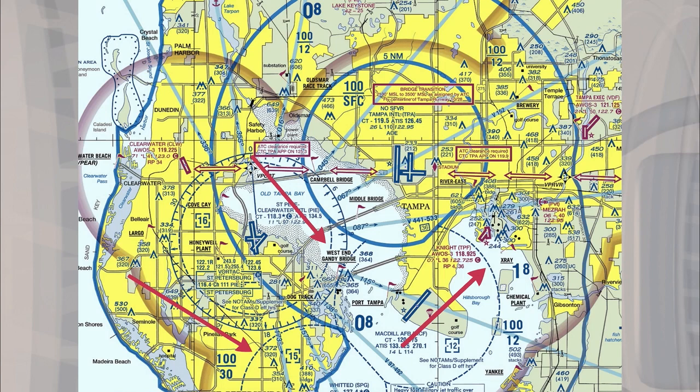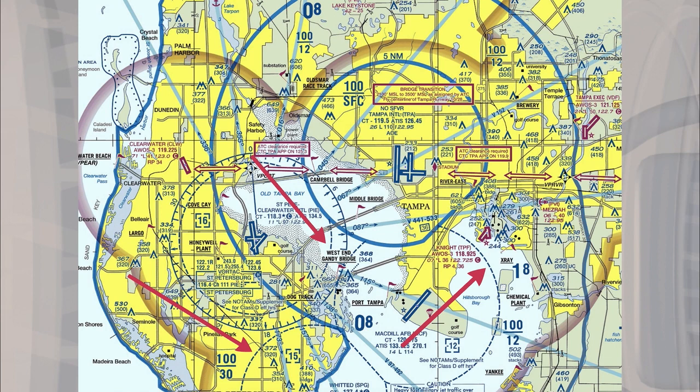Now you can't see Albert Whitted because it's slightly off the page here, but it is down there just off the page. And you can see that it's nestled up against MacDill, if you follow the dashed line around to where it meets up with MacDill, you see that there's a flattened side there where the two are kind of pressed together. MacDill's Class Delta and Albert Whitted's Class Delta kind of pushed together there.